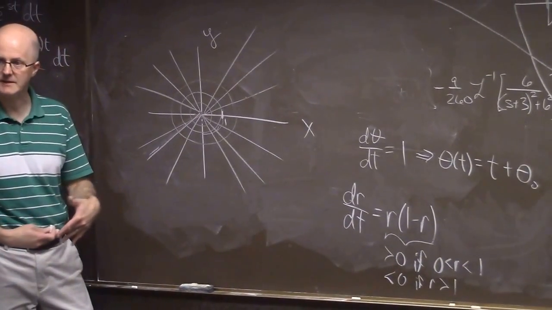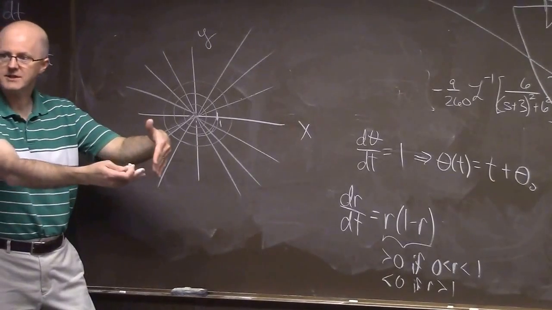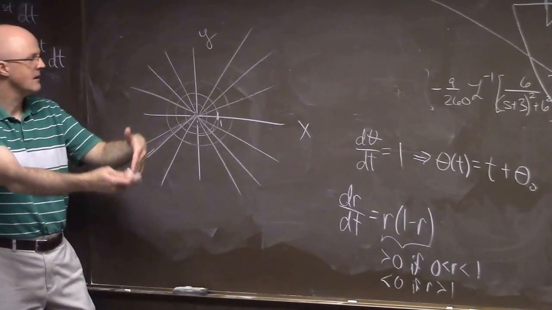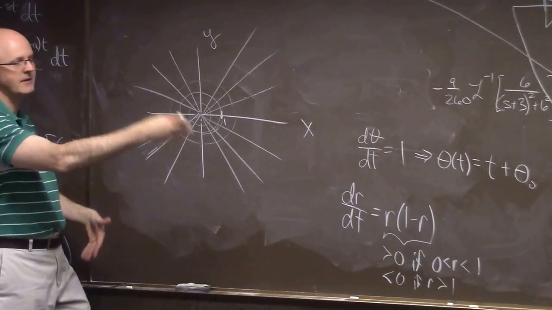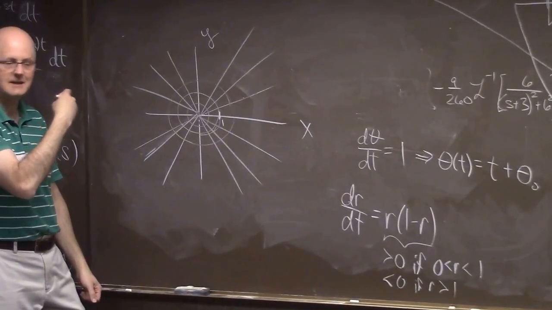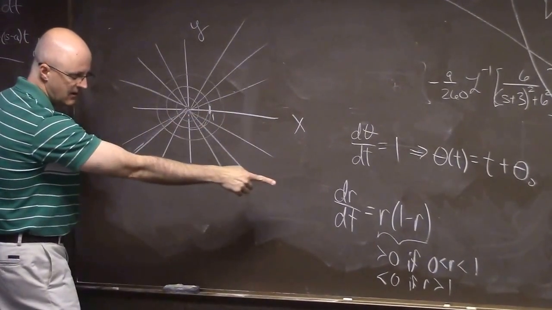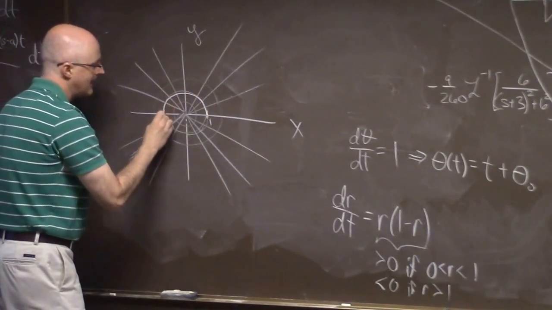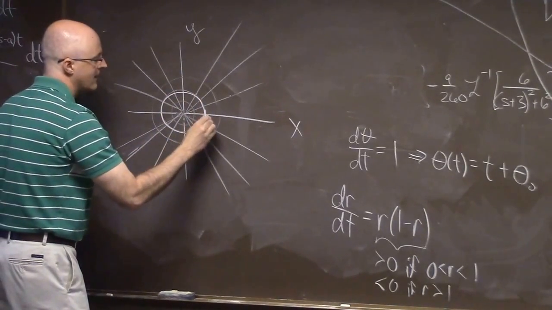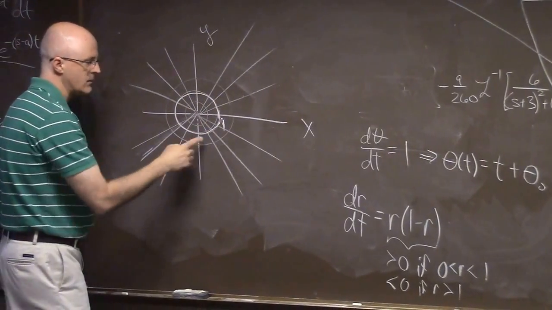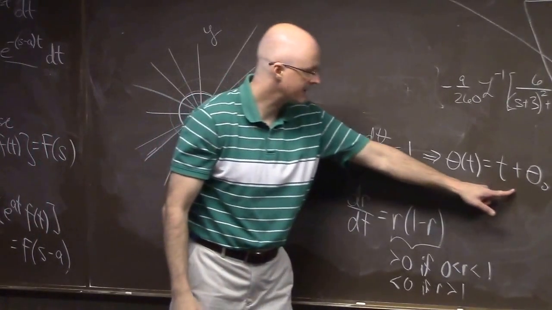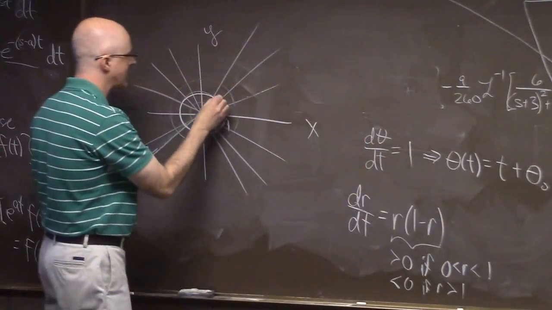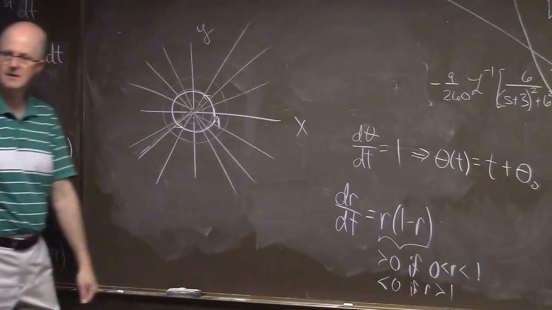So solutions are decreasing for initial conditions that are bigger than 1. You always have to be rotating around the origin at a constant angular velocity. That's 0 when r equals 1. The function where r always equals 1 and theta is something like that is a solution, and in fact that's your periodic solution.